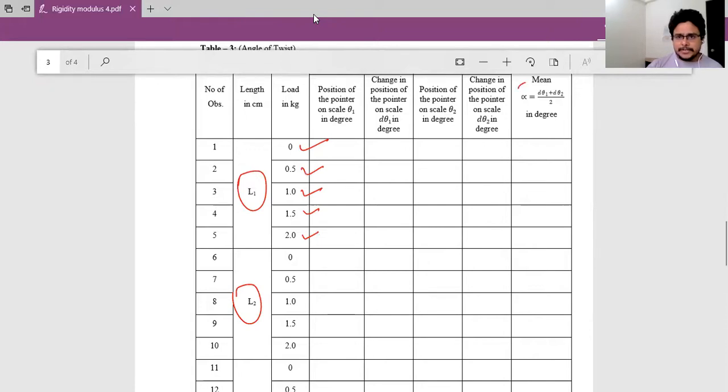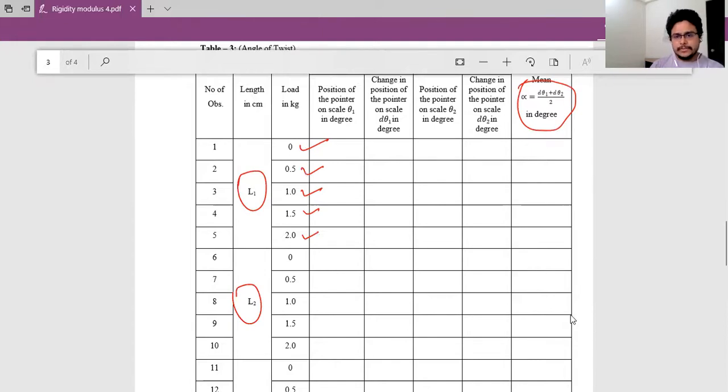Then you find the average, the mean value of the angle of twist, which gives you a better result. It's better to do it for load increasing and load decreasing and then find the average of that. Or for an investigation, you can do only the load increasing way. That gives you the mean value.